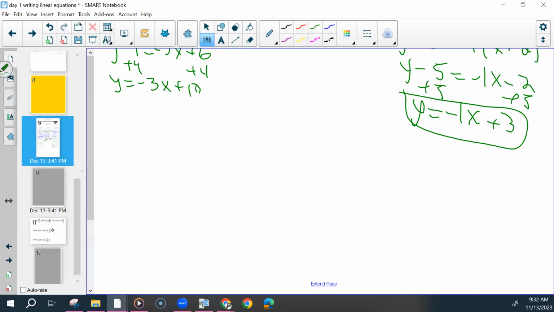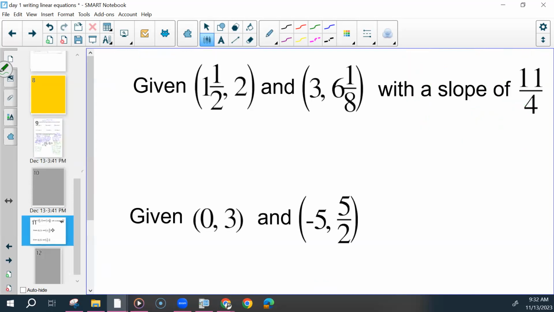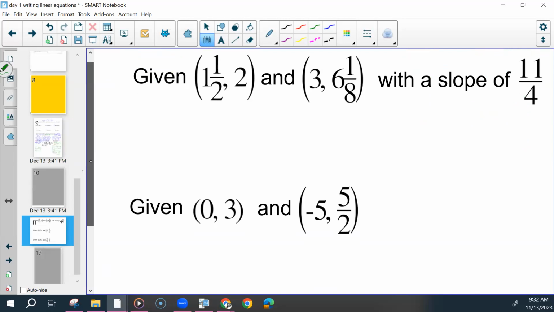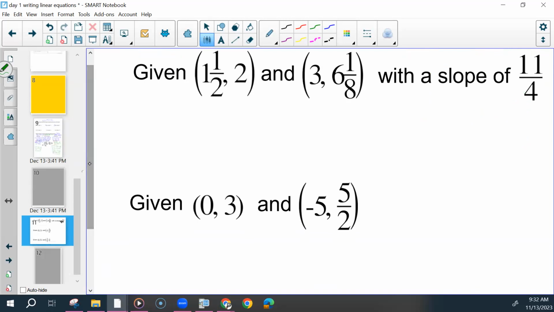And I want you to write these 3 things down. There's 2 right here, and then I'll move on. Leave space in between. So given 1 and 1/2, 2, 2, and 3, 6 and 1/8, with a slope of 1/11.